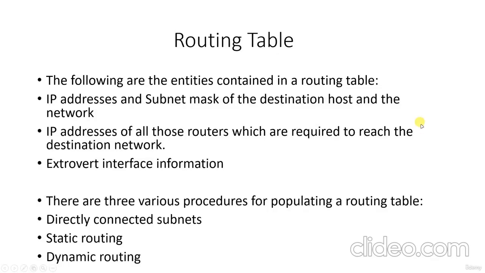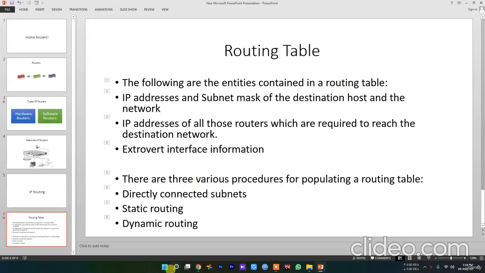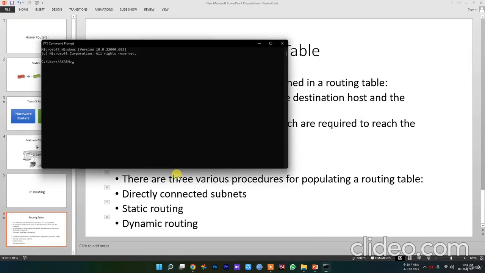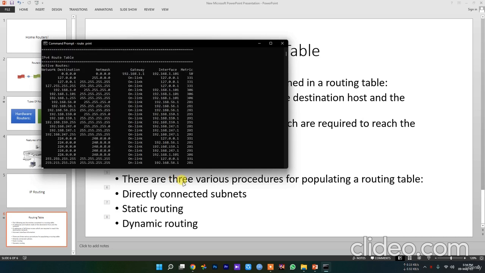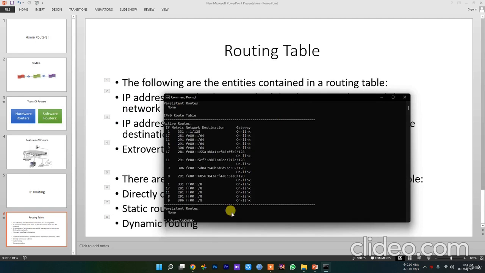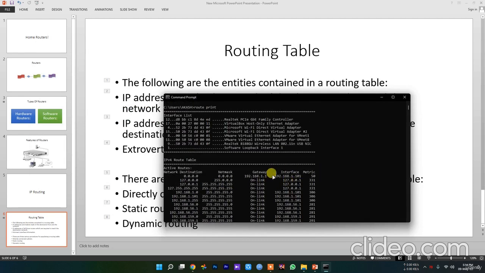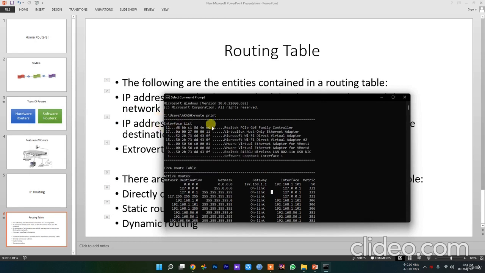So let's test our routing table inside our Windows machine. Simply type route print and it will give you the table of these routes. As you can see, the default gateway address, also the IP address of this machine, and also the interface list of all of these that are available in here, like Realtek.